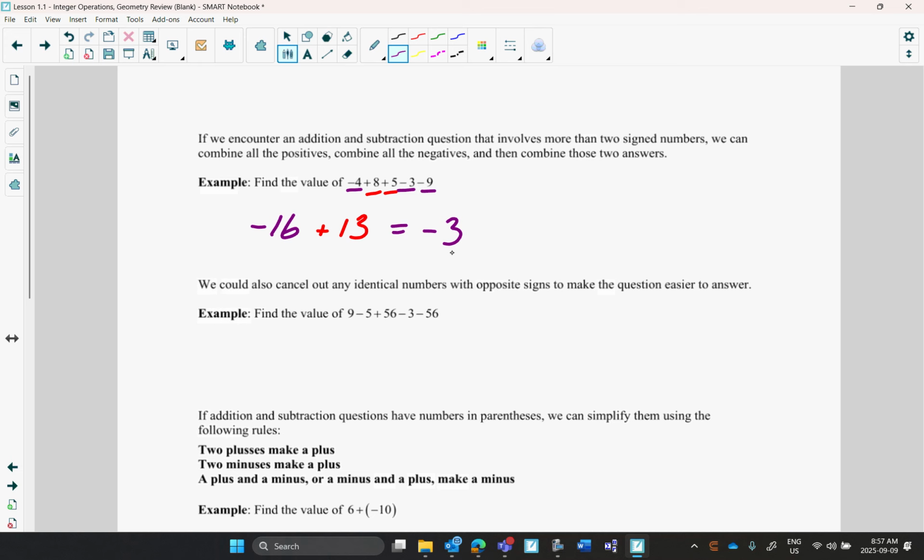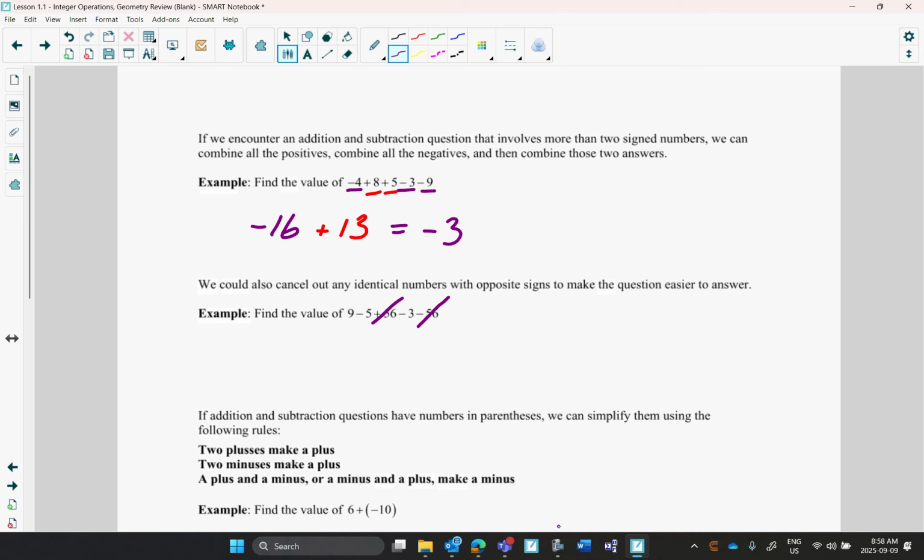How about the next one? Notice anything that you could do to make life easier? Remember, mathematicians are lazy. We're always looking for things to make life easier. Anything? Julia? There's a positive 56 and a negative 56. That would be 0?